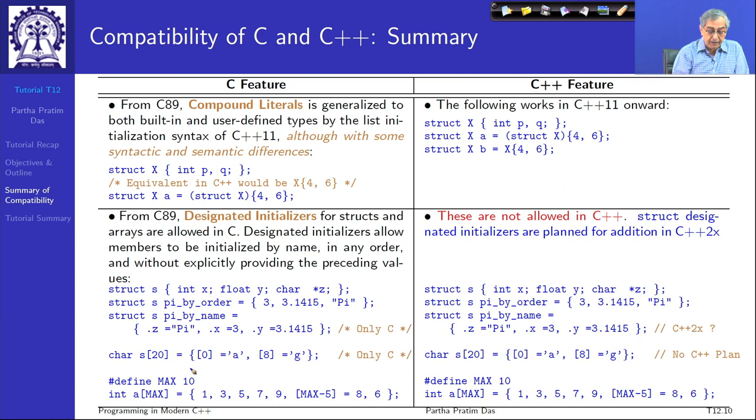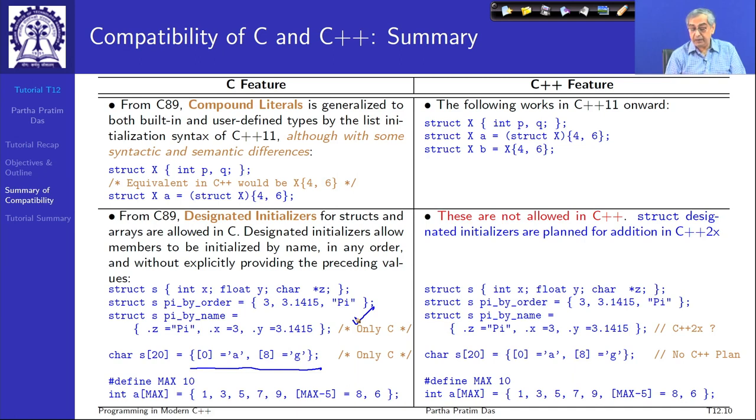Similar thing can be done for arrays as well. I can initialize some elements of the array directly, which is not possible with initialization by position, because I have to go from 0 onwards. So, designated initializer for struct is not supported in C++ 11, C++ 14, C++ 17 and so on.